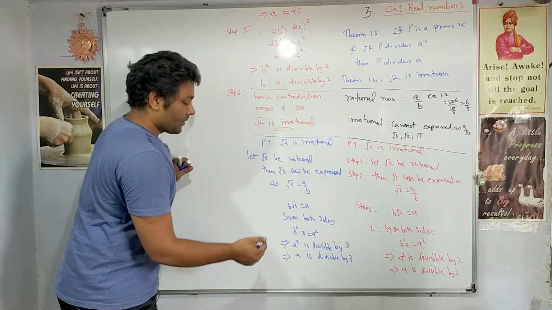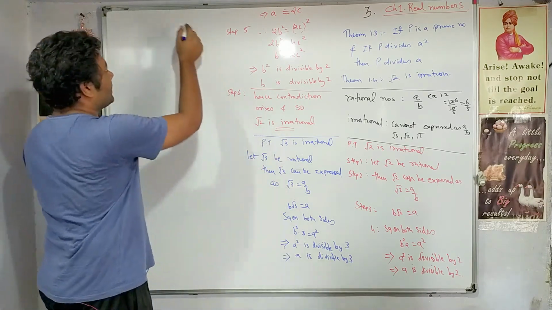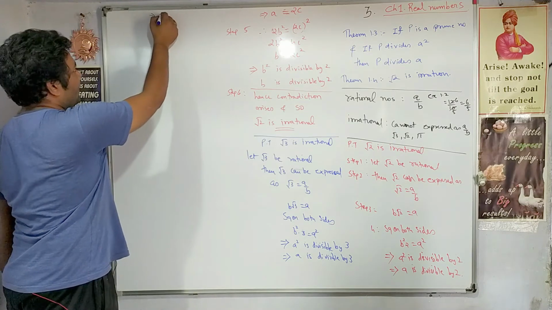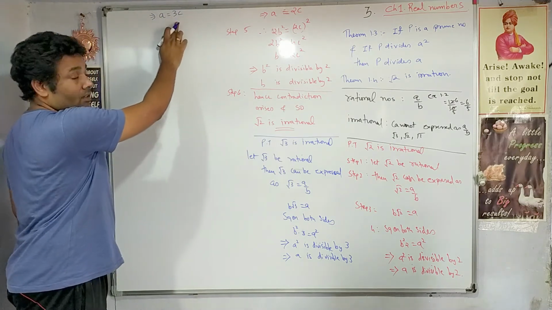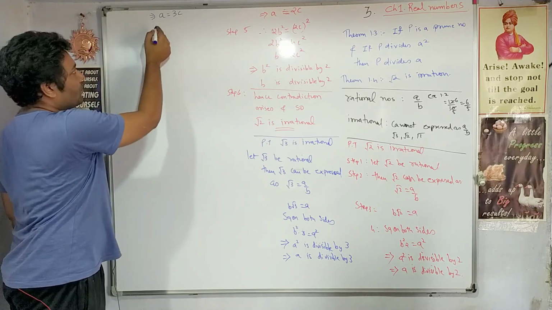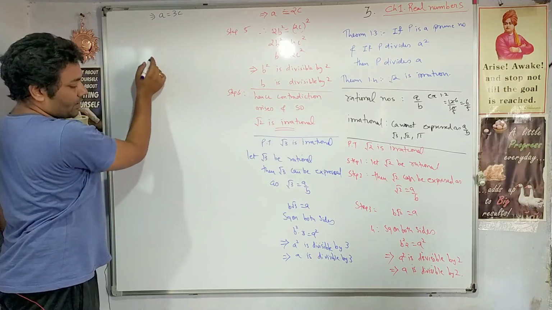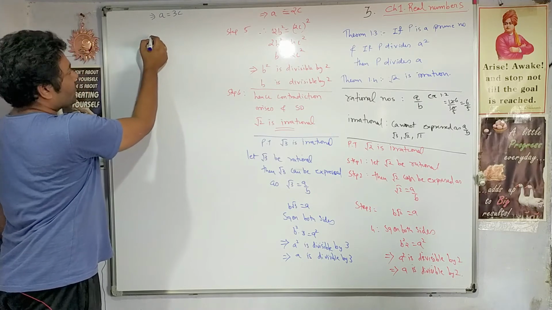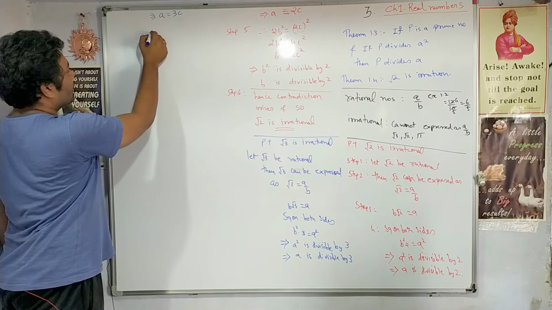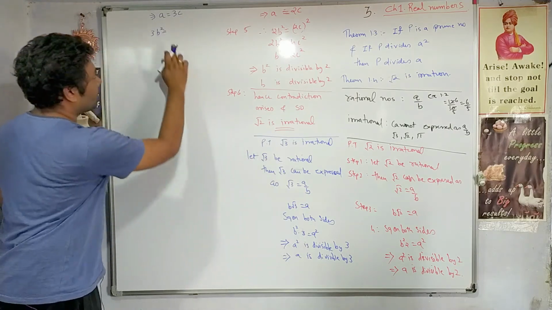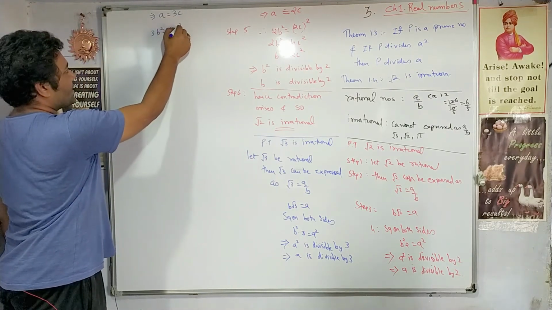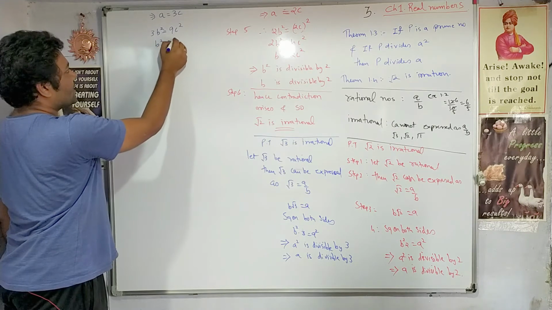If a is divisible by 3, then we can write a as a multiple of 3. a can be written as 3c, c being any number. Then substituting the value of 3c, 3b square equals a square. So a square will be 9c square, so b square is 3c square, correct?